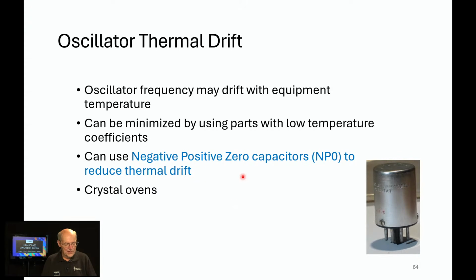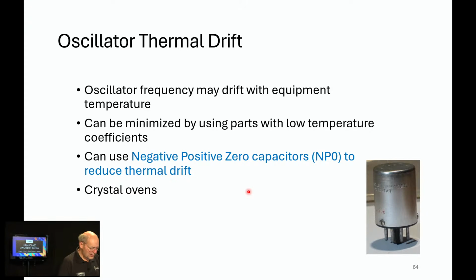One in particular that's cited is what's called a negative positive zero capacitor. That means as the temperature increases or decreases, the capacitance won't change. Most parts will have some kind of temperature coefficient, but these parts can be used to minimize that. And then we've got something called crystal ovens. I did find a couple of these at a ham fest that I want to show you.